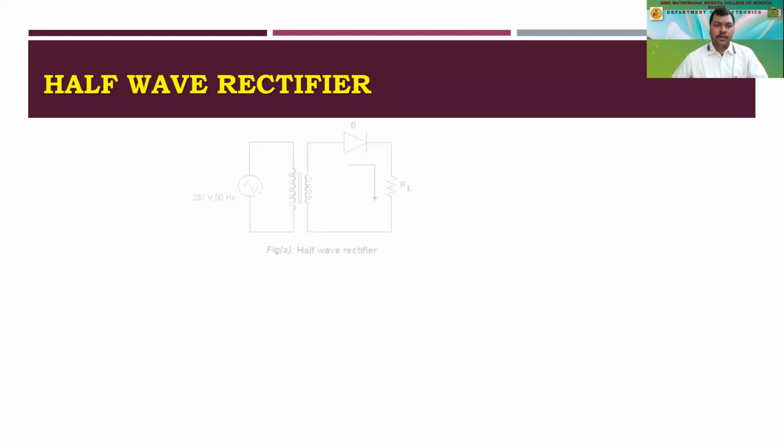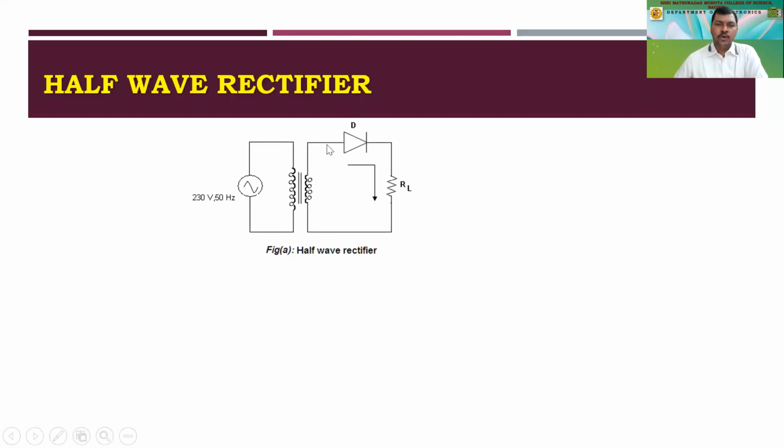A half wave rectifier is a circuit which has only one diode and conducts during one of the half cycles, whether positive or negative. During the other half cycle the circuit is as good as an open switch, and the output across the load resistance will be equal to zero.